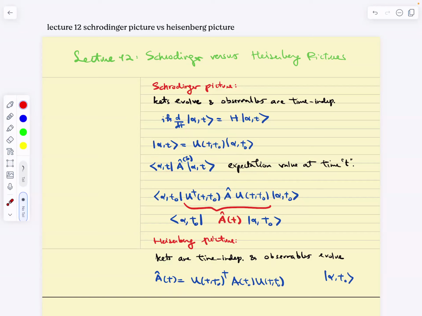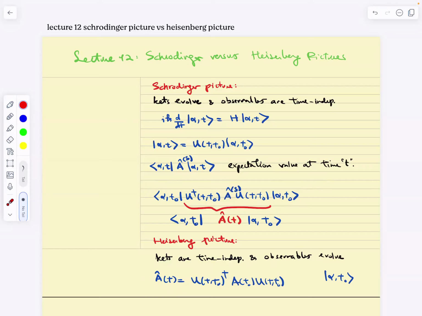So now you should be able to see explicitly how to compare the Schrodinger and Heisenberg pictures, right? In the Schrodinger picture, the equation is always this. In the Schrodinger picture, we take this as the observable, and these guys act on the kets and the bras.